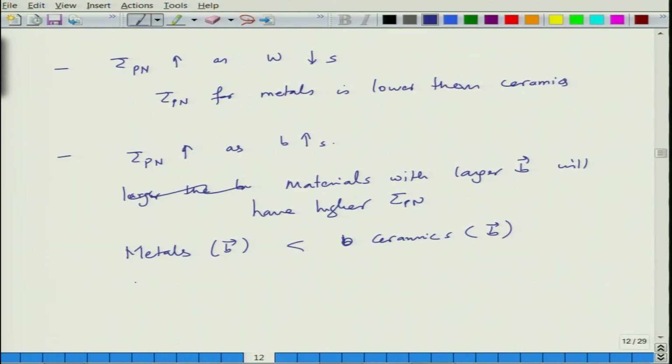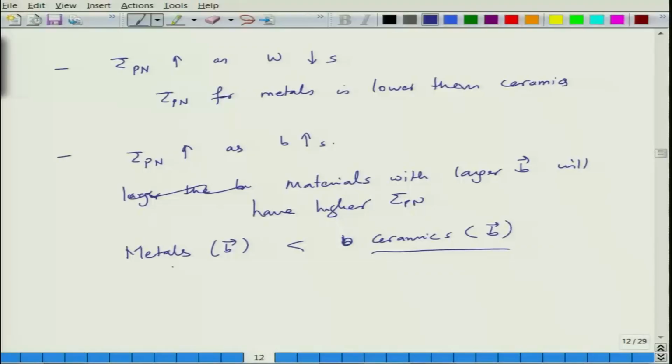That is because the Burgess vector is going from one atom to another atom of same type. In ceramics, because they are ionic solids and they are not close packed, because the anions and anions have to stay away from each other because of repulsion. So, as a result, the Burgess vector in ceramics tend to be larger.